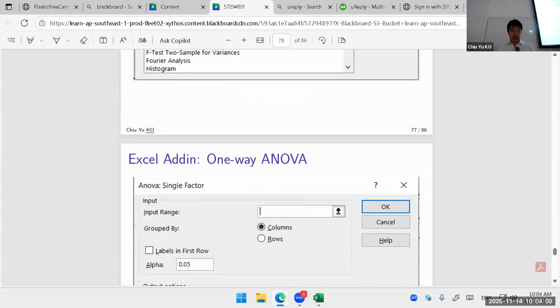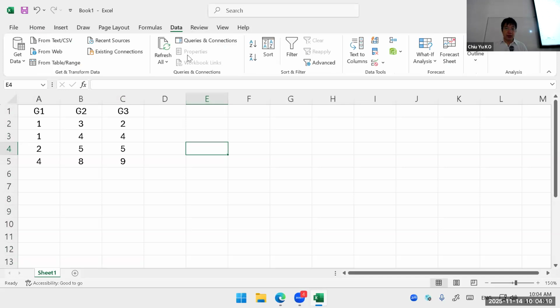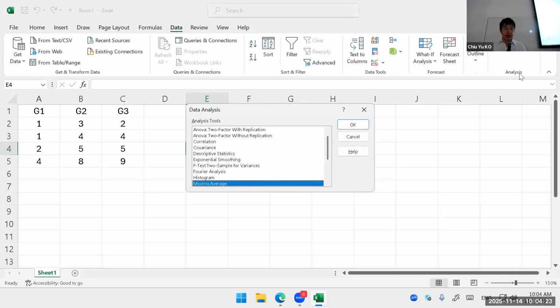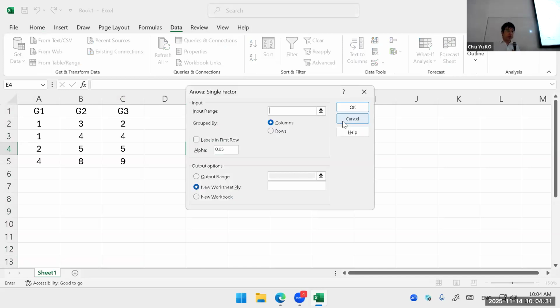Okay. So once you have that, look at data analysis here, and go to the very first thing. It's called single factor ANOVA. Okay. And that is very simple.